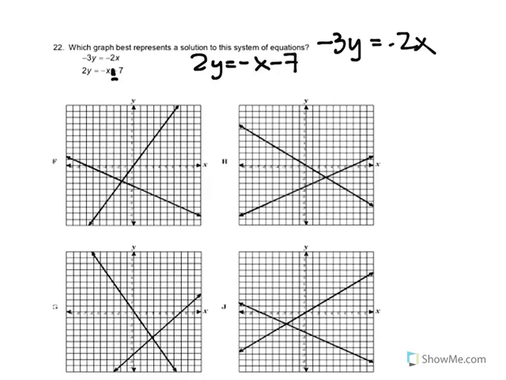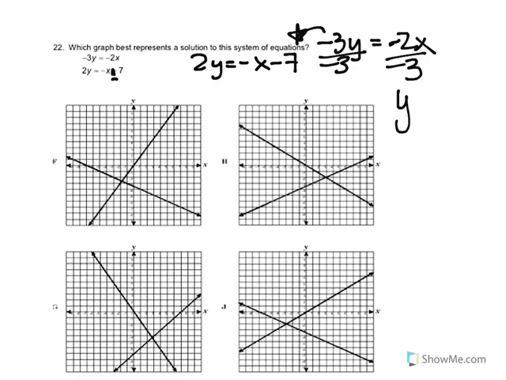Now, in order to look at these graphs and figure out which one's which, we need to solve these equations for y. We want them to say y equals. So let's start with this one. There's no x to move over because it's already over there, so all we have to do is divide by -3.